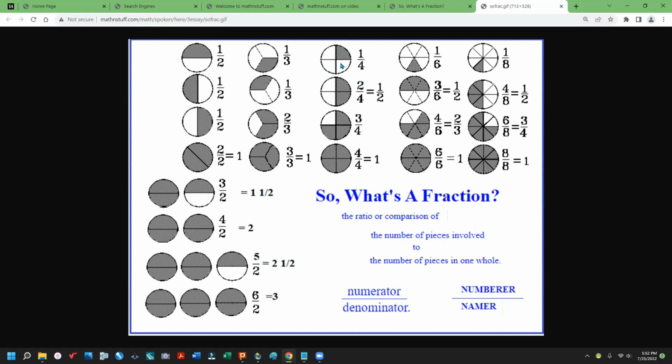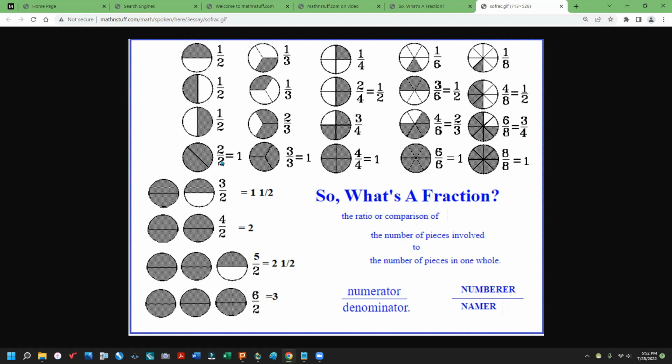It's divided into 4 pieces, so there's a 4 on the bottom. 4 is the number of pieces in one whole. Only one of the pieces has been colored, so it's 1/4. This is 2/4, 3/4, 4/4, and so on.